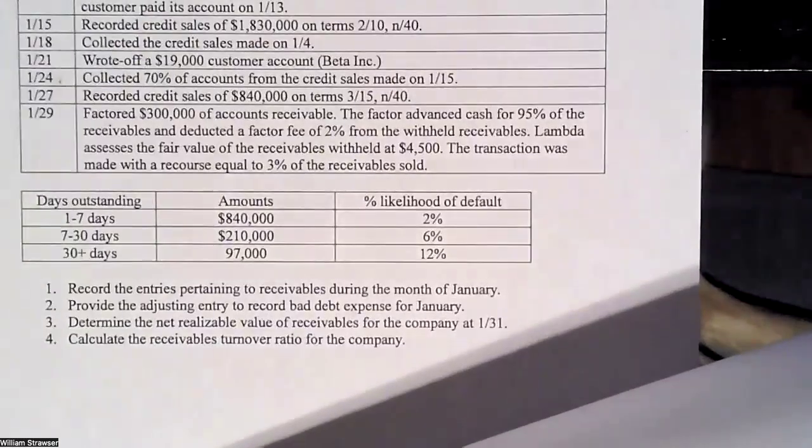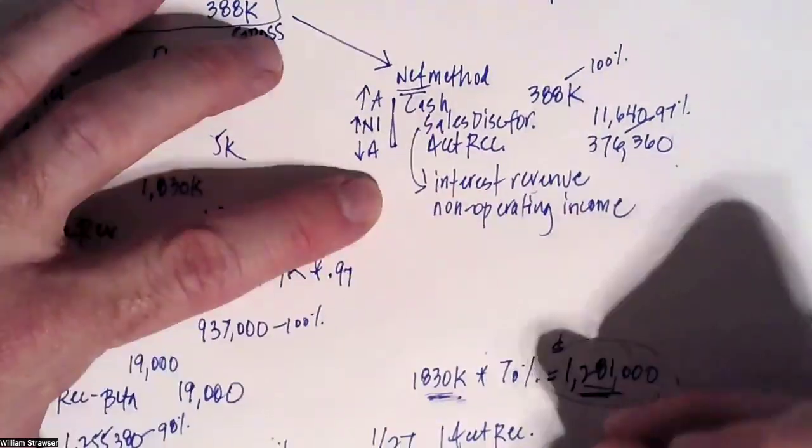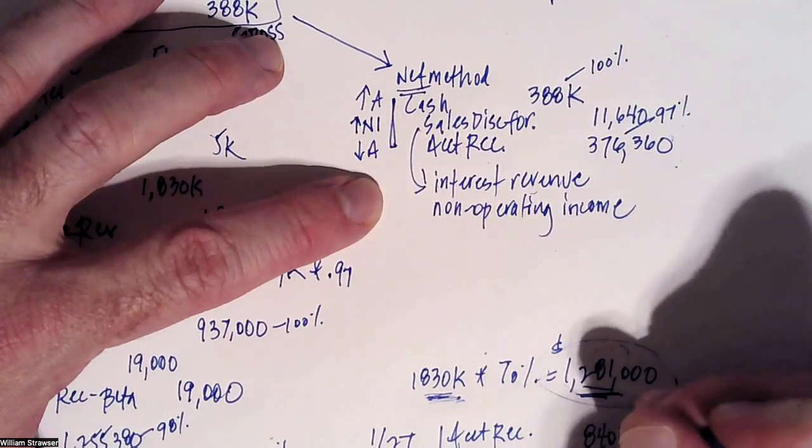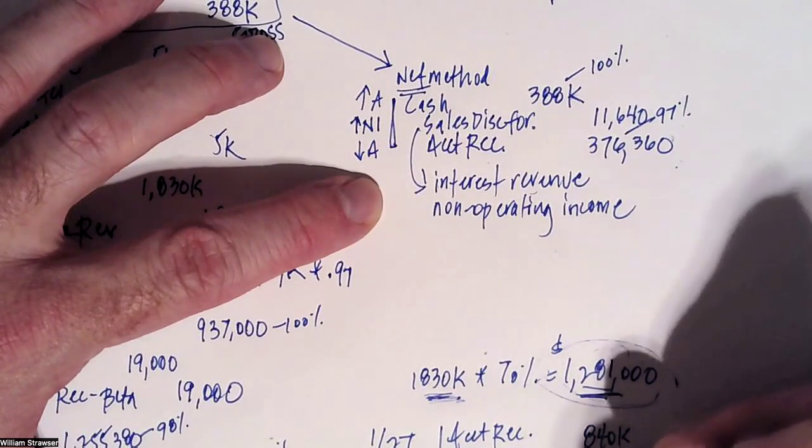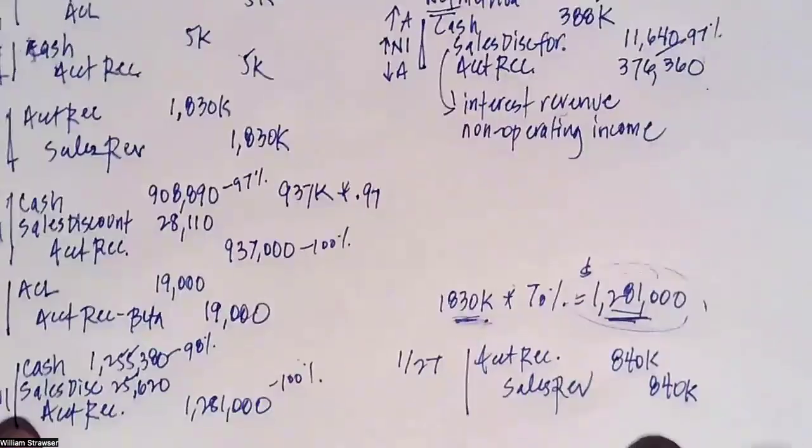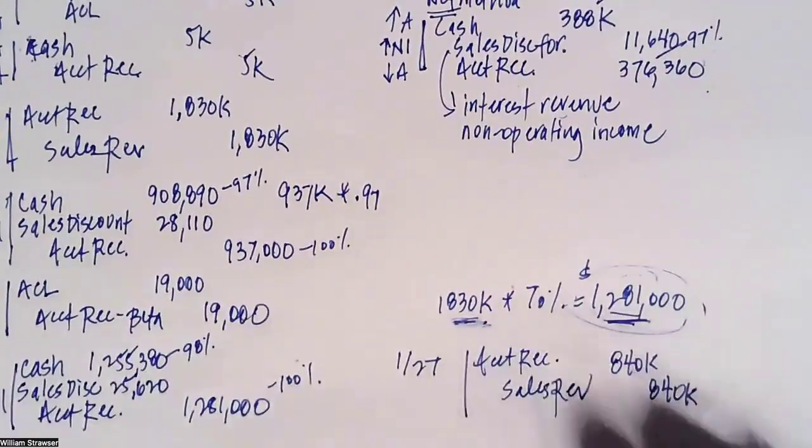The full price was 840. All right, so I'll stop this here and we'll pick it up again in the next video where we will talk about the factoring entry and then the adjusting entry.